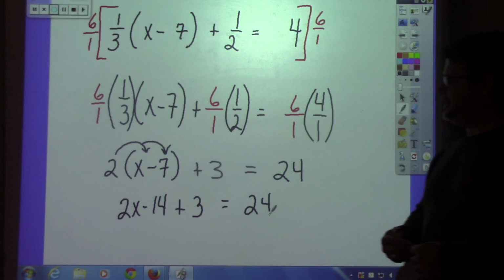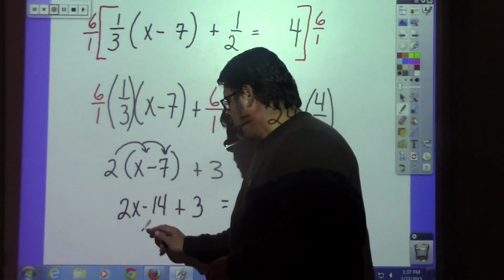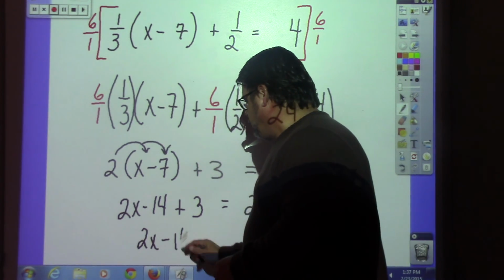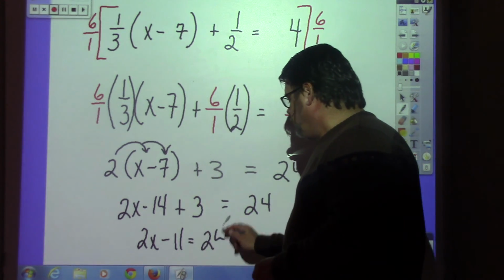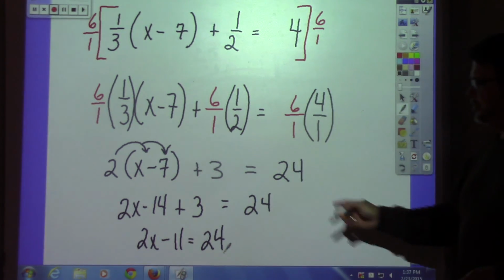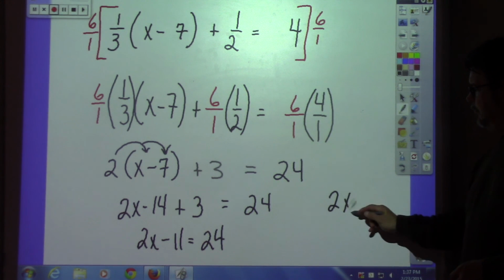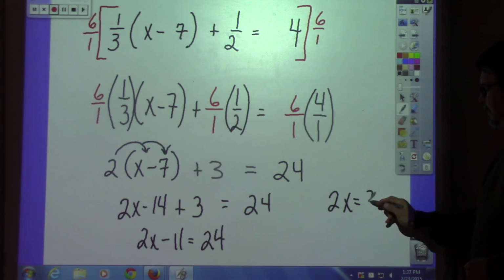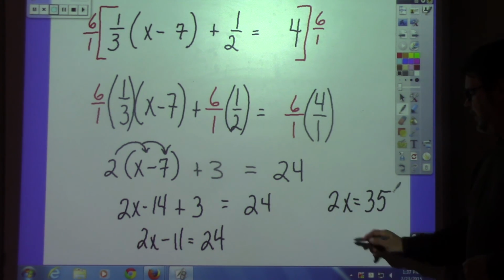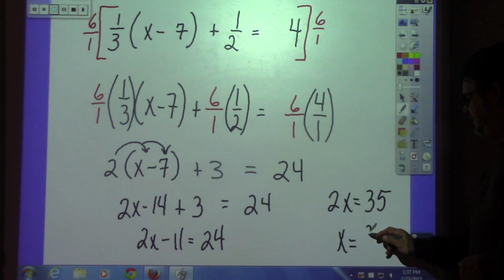And what's negative 14 plus 3? Bring the 11 over. 35. And x is equal to 35 halves.